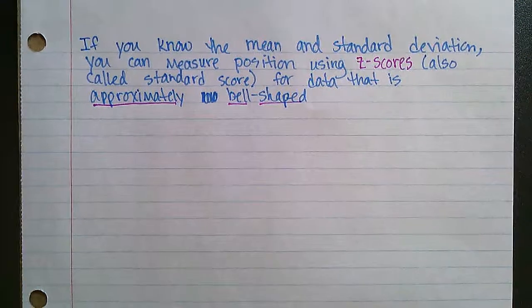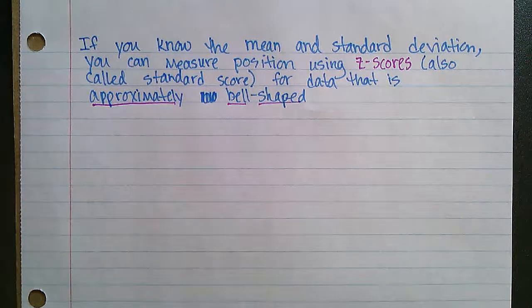We're going to talk about another way to measure position using the mean and standard deviation. If you know the mean and the standard deviation for your data set, then you can measure position using z-scores, which are also called standard scores, for data that is approximately bell-shaped. So your data has to be approximately bell-shaped in order to use z-scores.